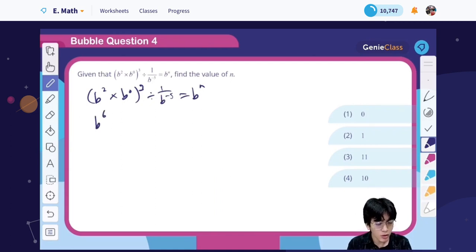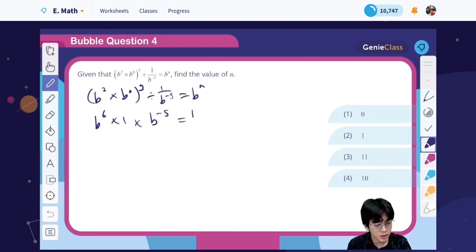Then b power 0 is 1, so I can just multiply by 1. Now, divide by 1 over b power negative 5. If you are dividing by a fraction, it means you are multiplying by the flipped fraction, b power negative 5, over 1, but you don't need to write the over 1.